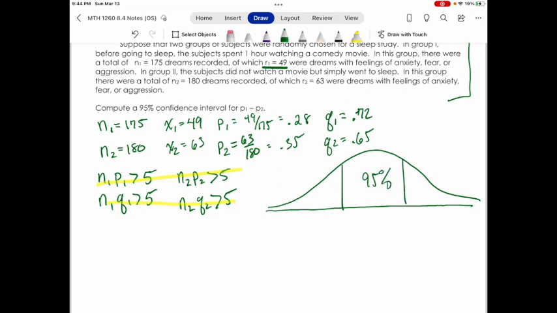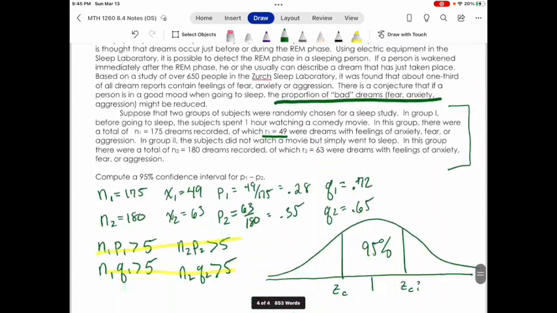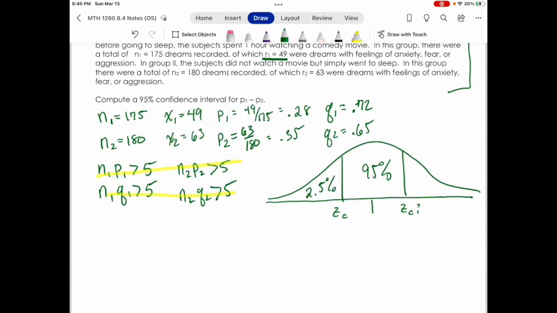So we're doing a 95% confidence interval, and I need to find my Z critical, which means I need to figure out how far away from the center we're looking at. That can help me figure out my error. So here's my center, and I'm looking for my Z critical. How far away am I from the center? Since it's 95% confident, I know there's 2.5% in each wing.